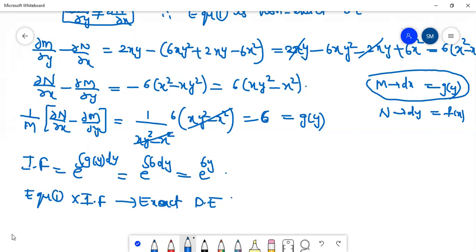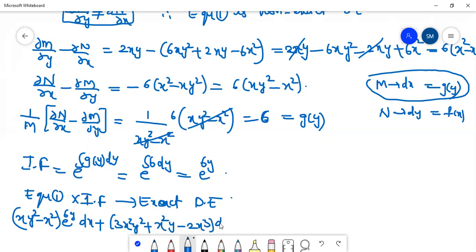So xy square minus x square into e power 6y dx plus 3x square y square plus x square y minus 2x cube into e power 6y dy equal to 0.